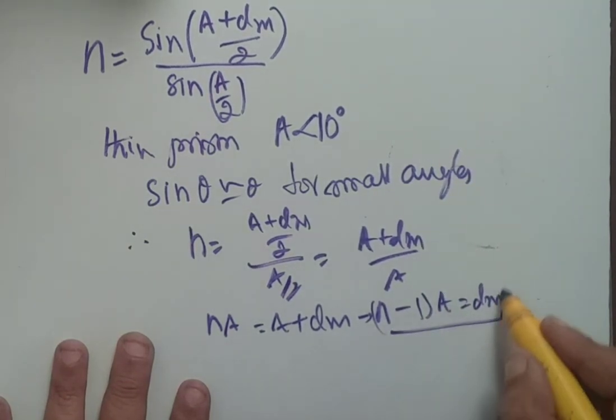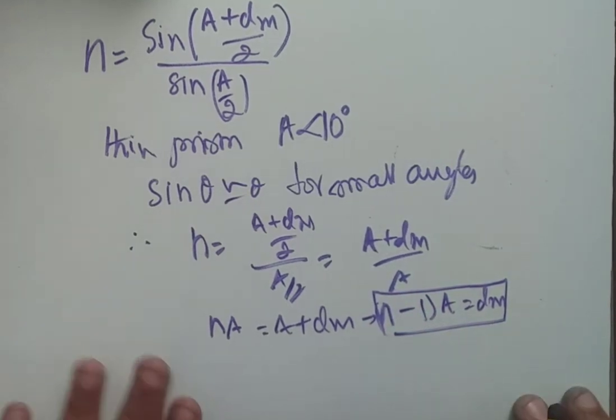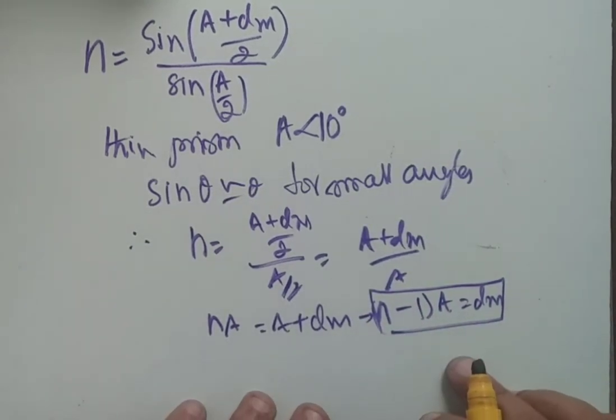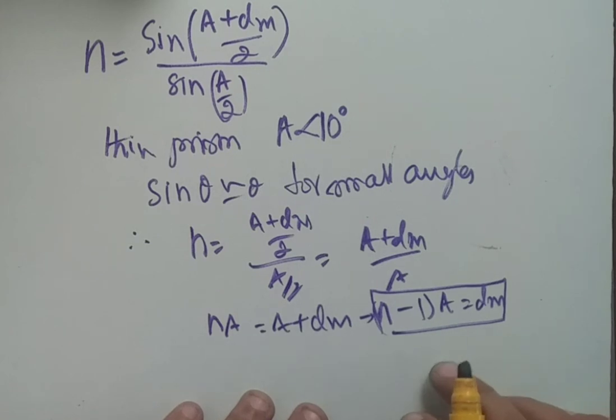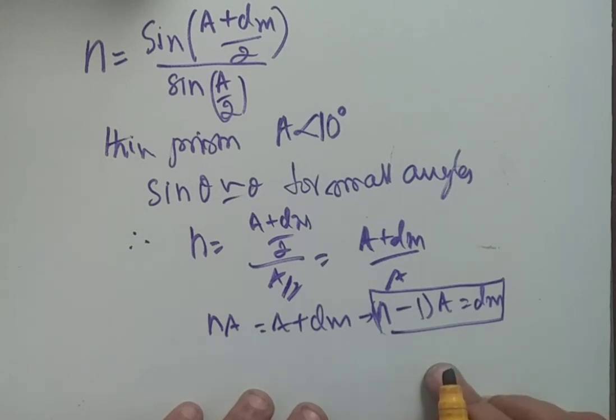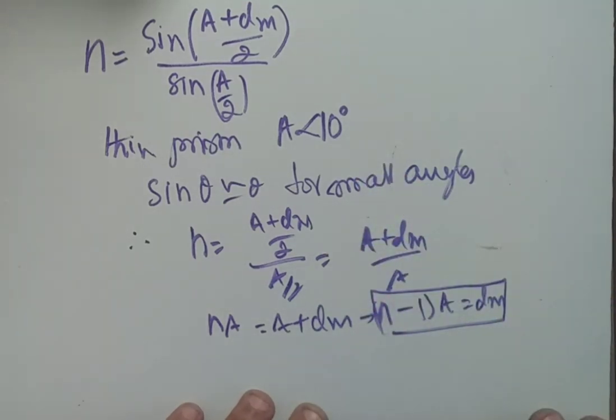So this is another formula for deviation, but one has to use this formula for thin prisms only. It is not applicable for normal prisms. That is, a thin prism is the one whose angle is less than 10 degrees.